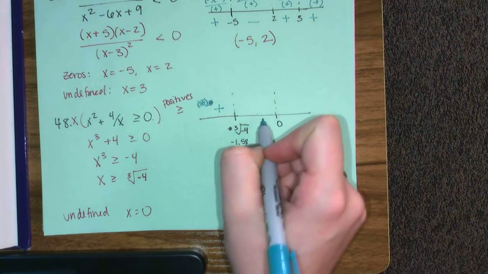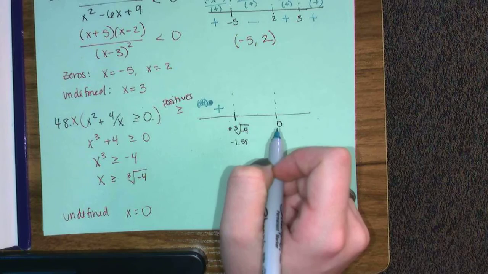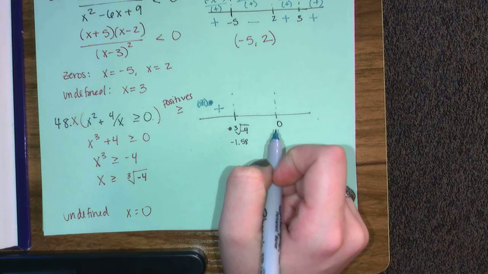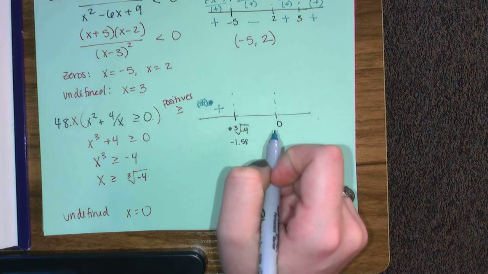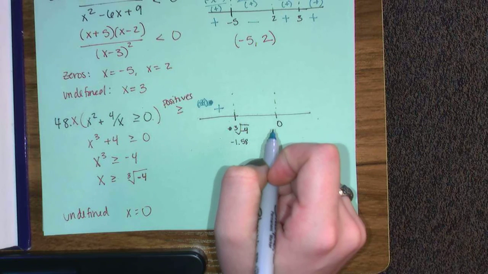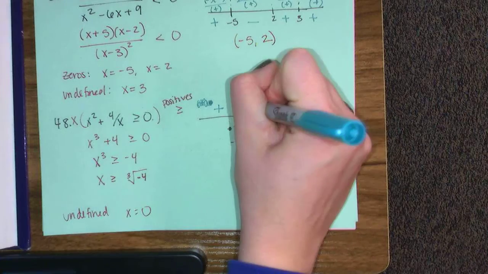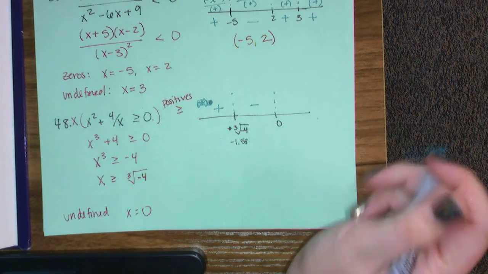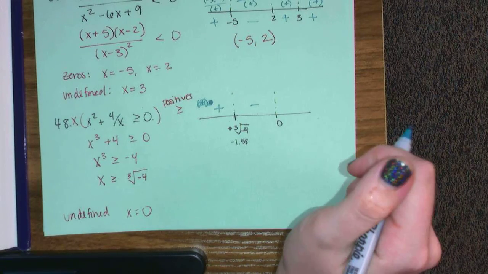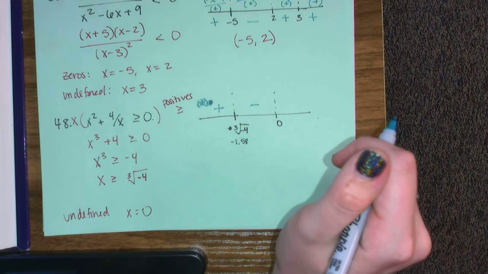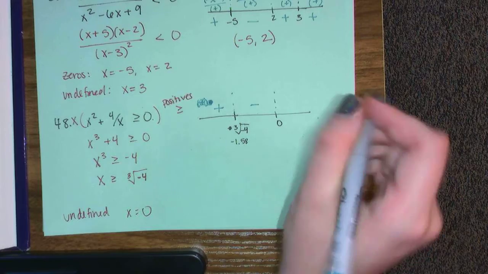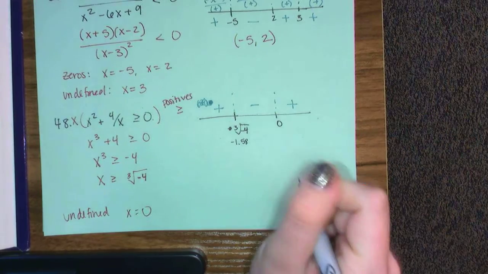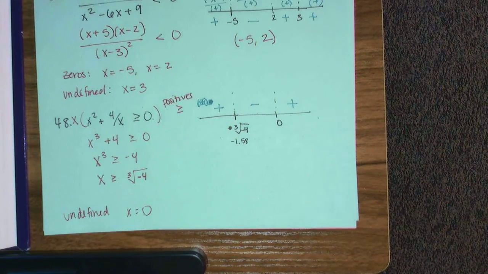And then in here, -1 would give you 1 minus 4, so that's going to be negative. And then how about out here? So it's going to be positive. So then what interval do I need to write down?